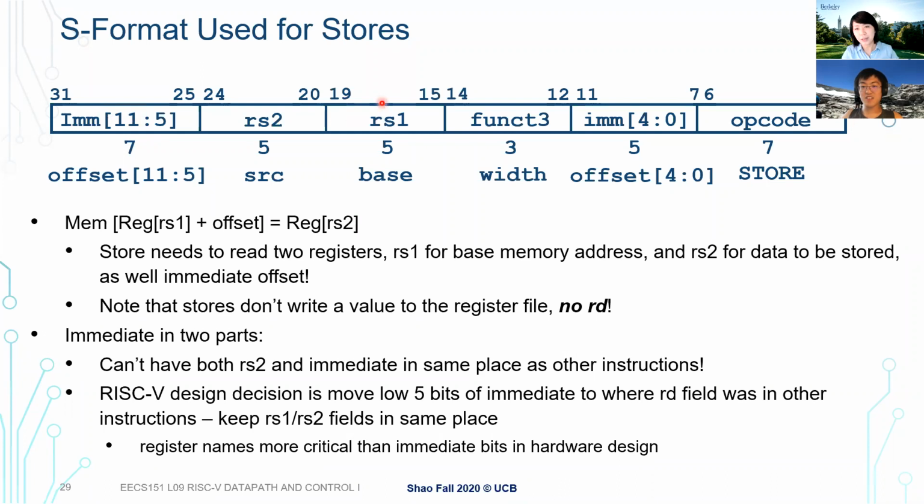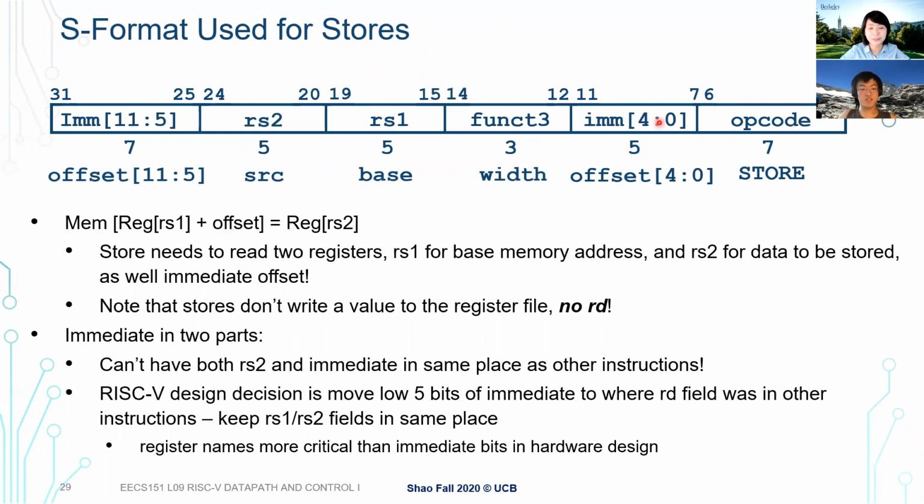But the lower 5 bits are stored where we used to store the destination register, because the store instruction doesn't need a destination register. So here we take advantage of the additional 5 bits to store the offset directly.